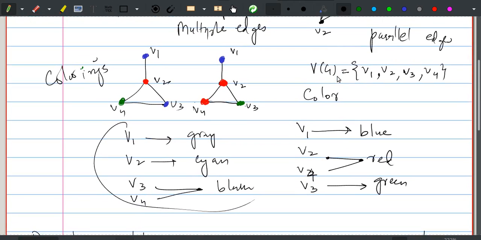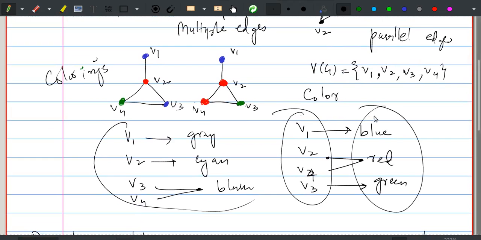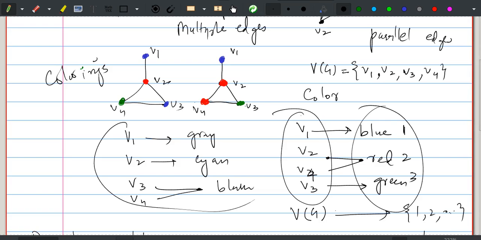So this function is going to work like this. We have this function from these vertices to this color set. So if this is the set V(G), and let us call these colors color 1, color 2, color 3. So this is actually a function from vertex set V(G) to the set {1, 2, and so on}. If the graph is finite, the range of this set will be finite, otherwise it is going to be infinite.